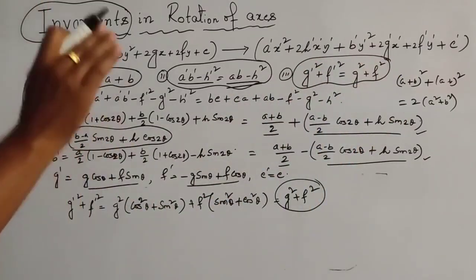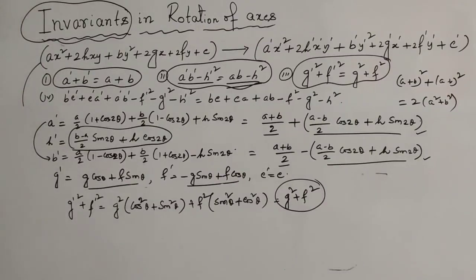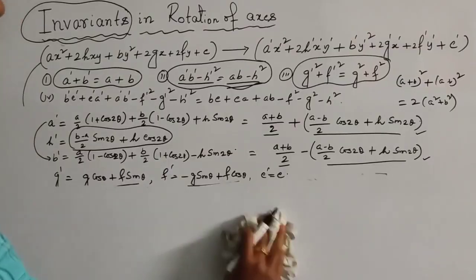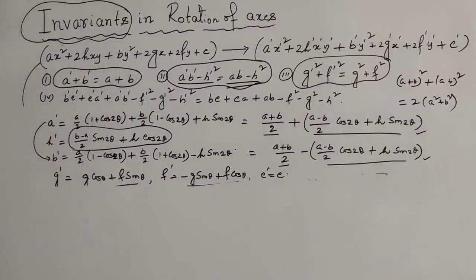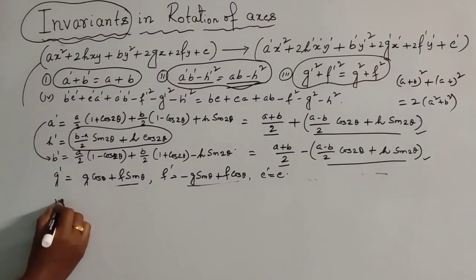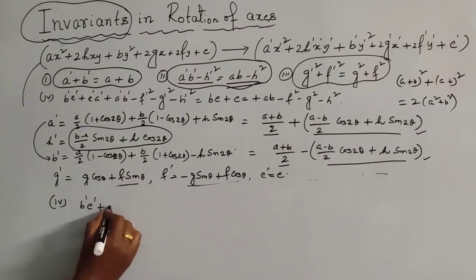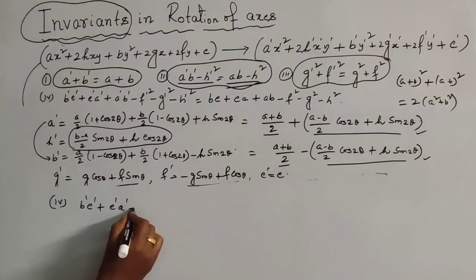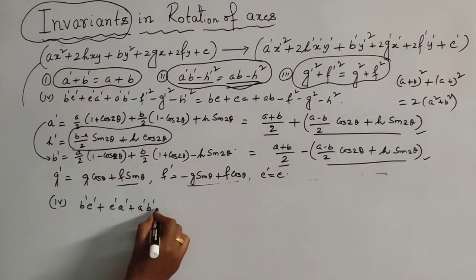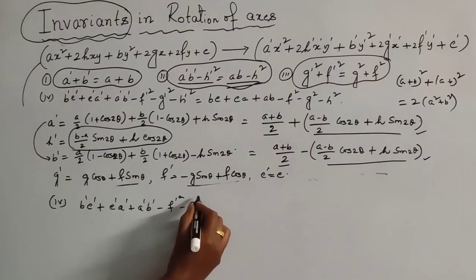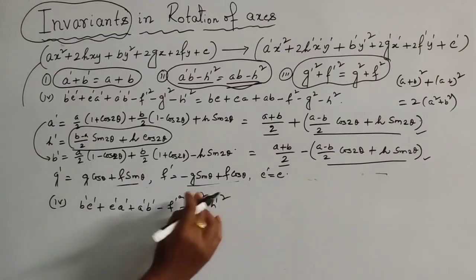Okay, so the first three results are already proved. Now we go for the last result. The last result, that is result number 4, is b dash c dash plus c dash a dash plus a dash b dash minus f dash square minus g dash square minus h dash square.